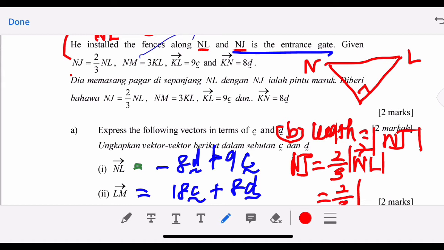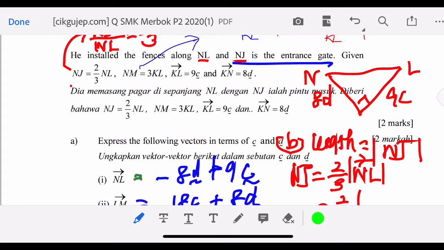The magnitude for 1D is 2, so for 8D, just imagine you have 8D and 1D is 2, so 8 times 2 gives you 16. For the other one, 9C, and 1C is 3, so 9 times 3 is the magnitude for 9C. And for 8D it is 16.